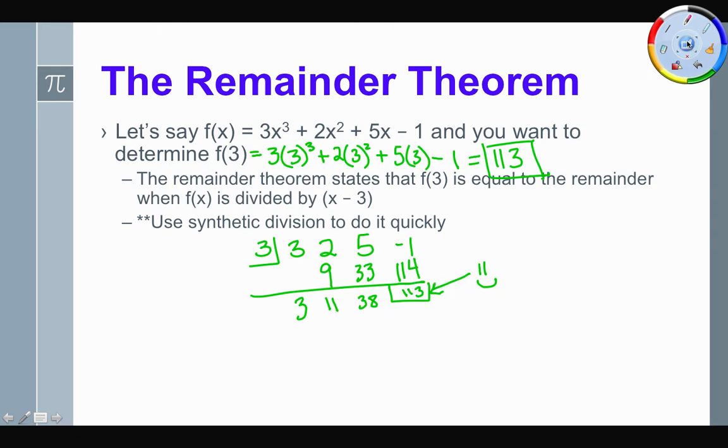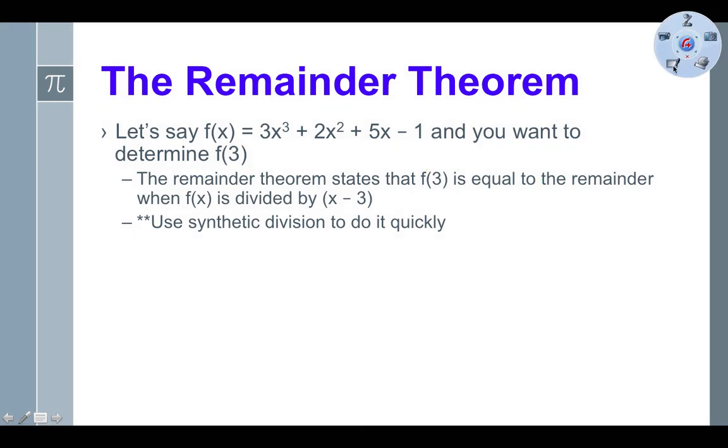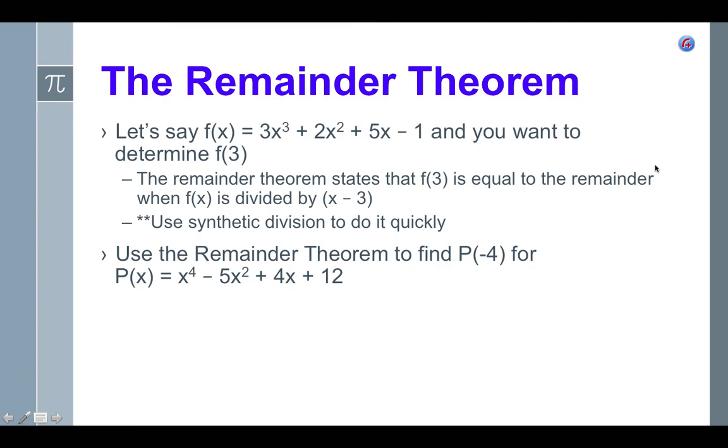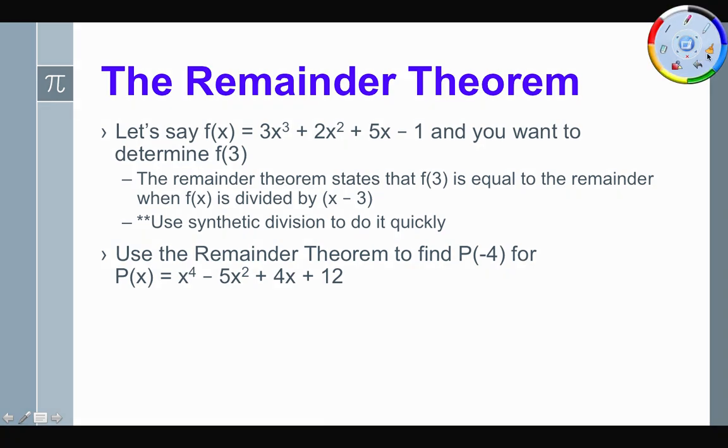And if we wanted to do one more really quick to make sure we understand this, this is actually how the wording is going to be in your textbook. Use the remainder theorem to find p of negative 4 for this thing, p of x. So if you're doing p of negative 4, that means a negative 4 goes into your box.